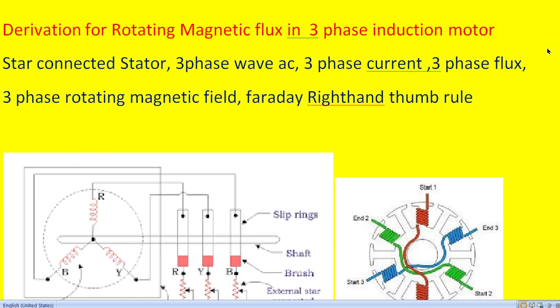Let me summarize once again. To derive the rotating magnetic flux in the three-phase induction motor, we have seen that there is a stator and rotor, and in the stator there is a winding, and that winding will have the ending and the starting, and we have connected the winding in the star form, and we have given the three-phase AC supply to the stator windings.